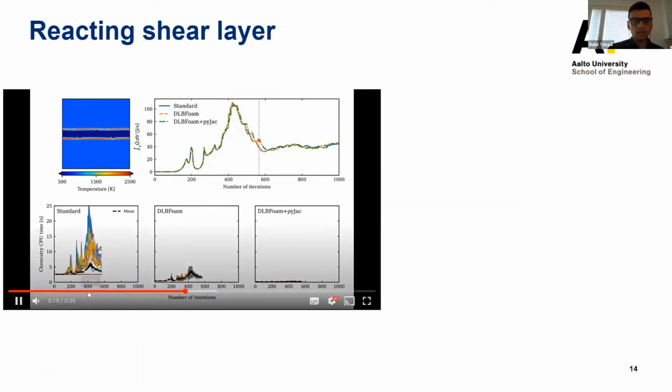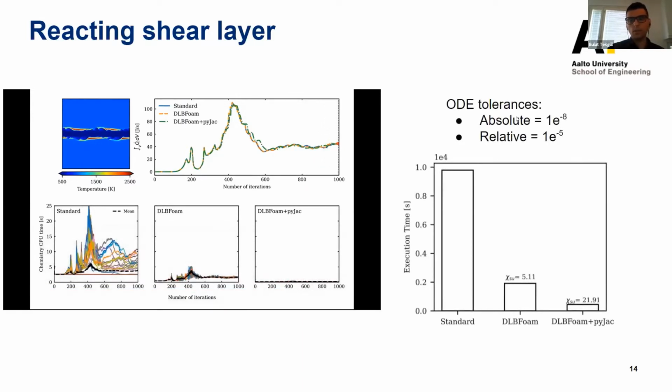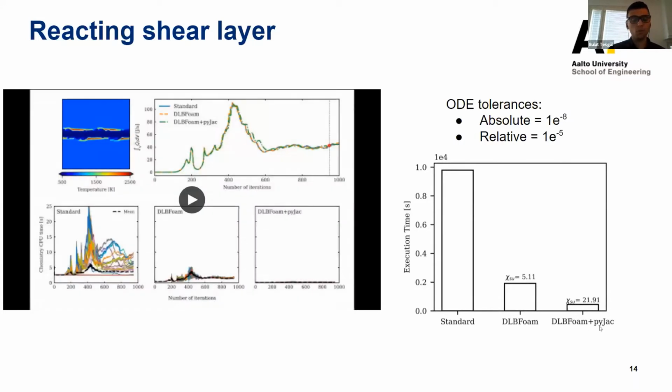And you can see that standard has a pretty big imbalance issue. We mitigate it with DLBFoam when we apply load balancing, and when we also improve the ODE kinetics, the load imbalance is pretty much non-existent. So I can show you that for these given ODE tolerances, when we use DLBFoam together with PyJac, we obtain a speed up of about 21 to 22 compared to the standard model.